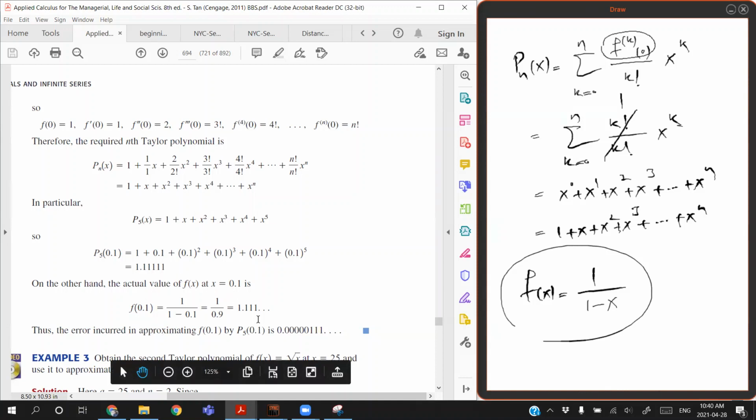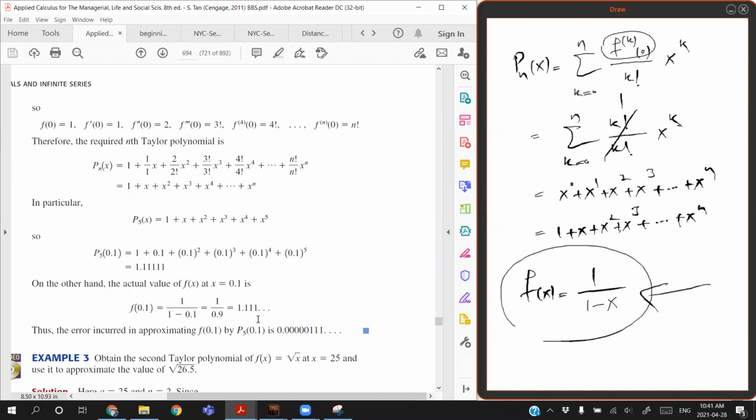So in this example, it's not obvious how this is useful, because it's actually easier to use the original function to figure out what f of 0.1 is rather than using the polynomial.